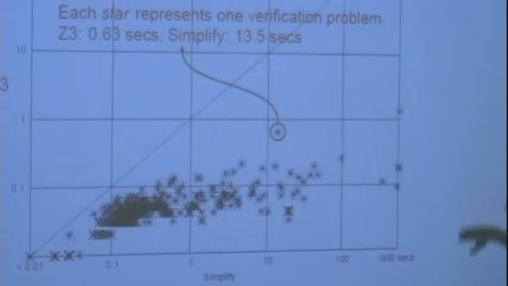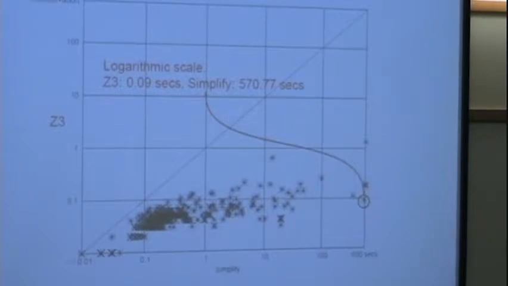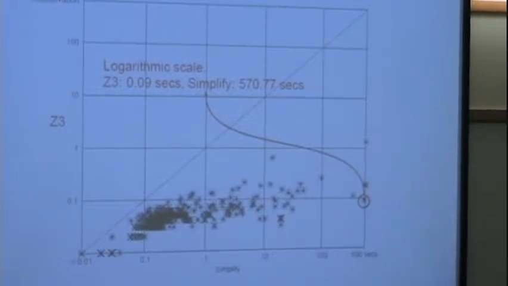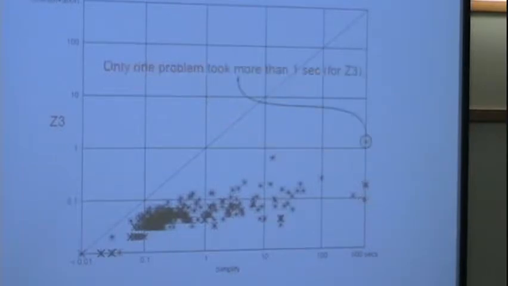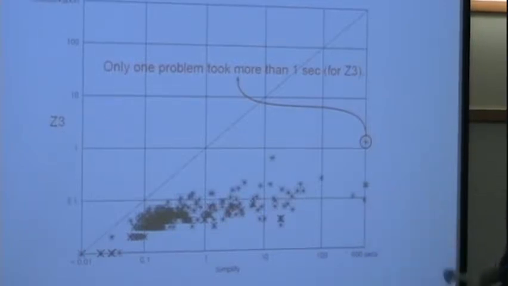Points below the diagonal are where Z3 is faster, above is where Simplify is faster. And in this logarithmic scale, at this point here, Z3 took 0.09, Simplify took 500. This is just to give an idea that Z3 is very efficient. And here was one of the challenges, because Rustan wanted everything to be solved in less than 2 seconds. That was his first challenge for Z3. And only one took more than 1 second.